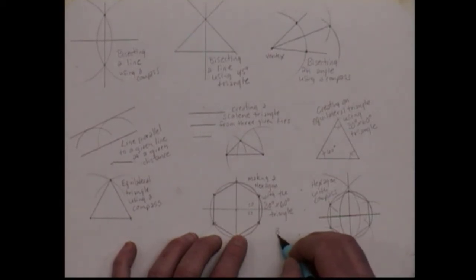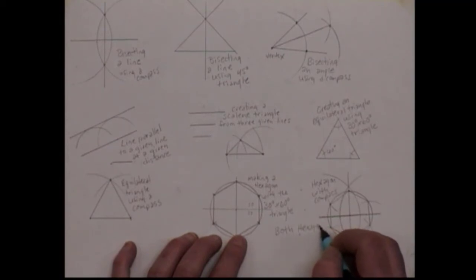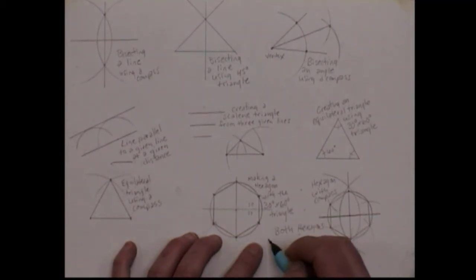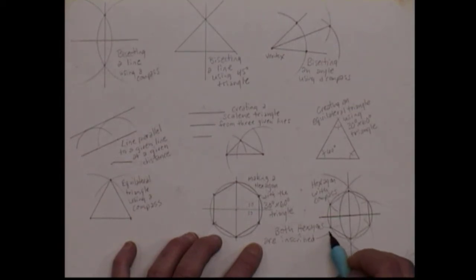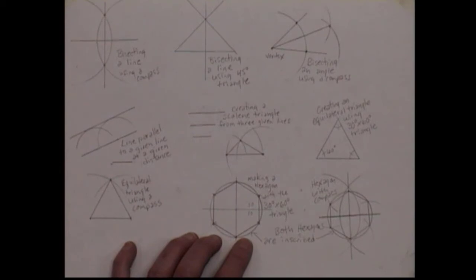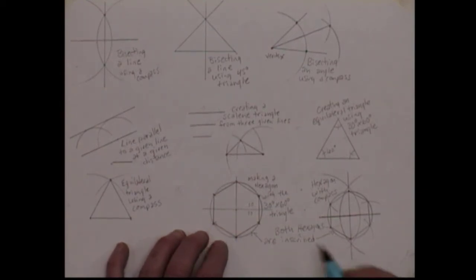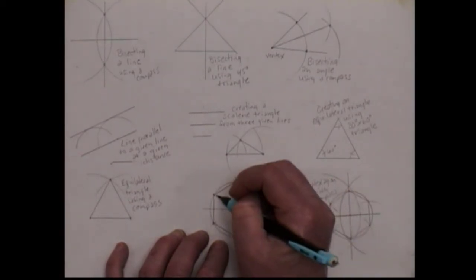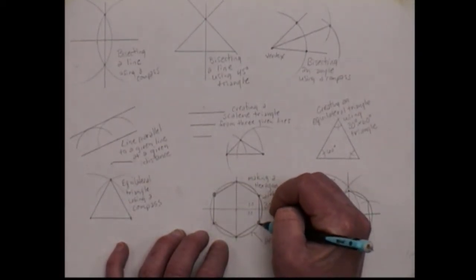So both hexagons are what we call inscribed. So that means they are made on the inside of the circle.